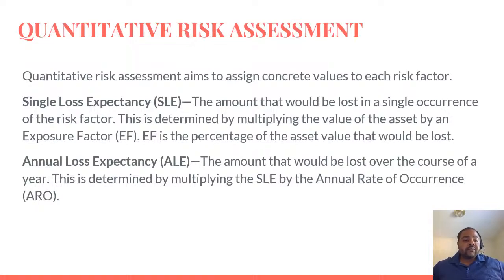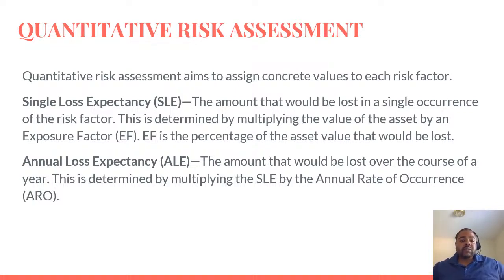On page 586, we're going to talk about the two methods that are used to assess likelihood and risk, which are quantitative and qualitative. The easiest way that I remember to tell these two apart is that quantitative deals with more numbers, like the price of something, the amount that it's actually going to cost.